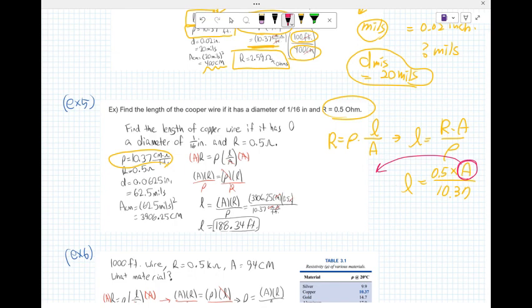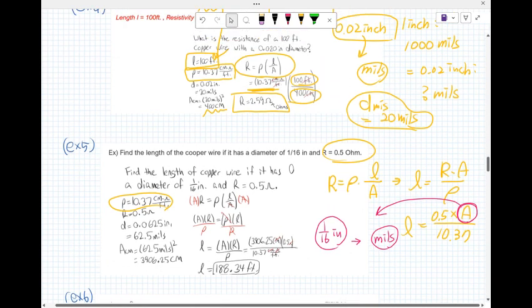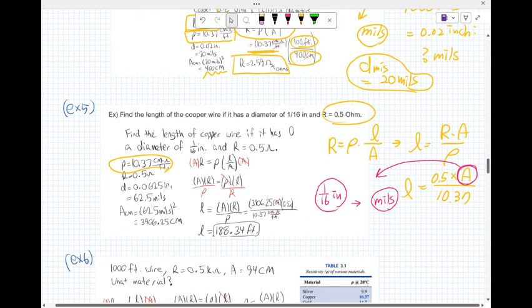So how can we find A? The 1/16 inch, we have to change to mils, okay? Same thing as before, 1 inch is 1000 mil. So skip the calculations.